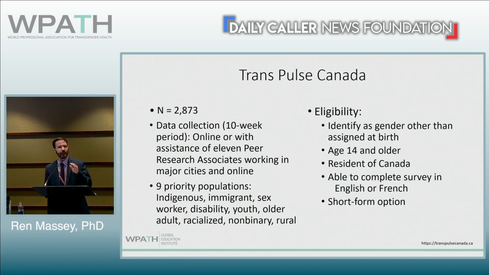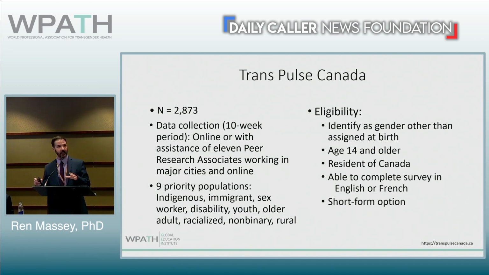So TransPulse Canada was an important study done with nearly 3,000 participants. I think the first report I'll have is from 2019, but they did data collection online, and they used major cities here in Canada, and it was a follow-up of a study, TransPulse Ontario, done a few years before.